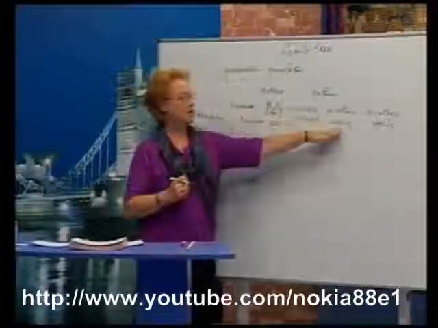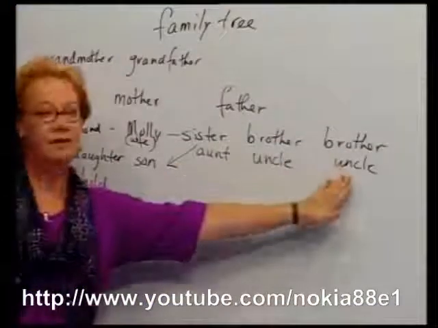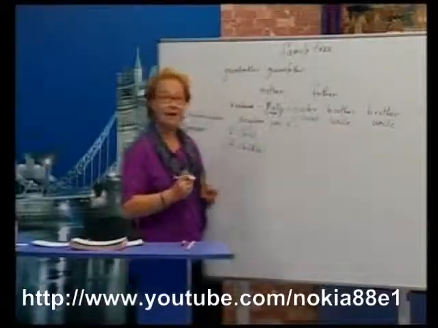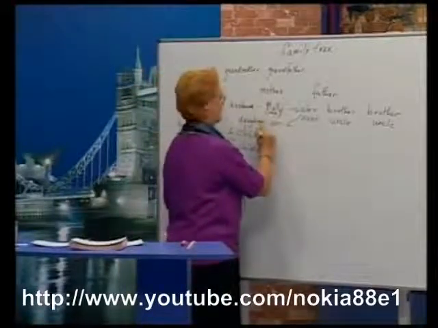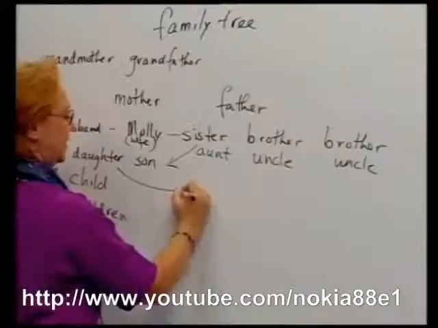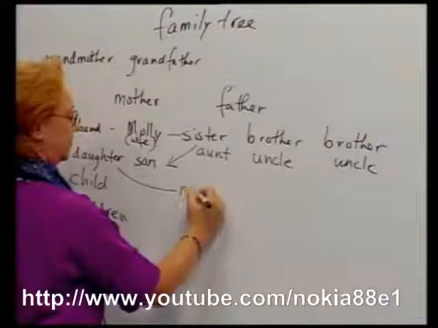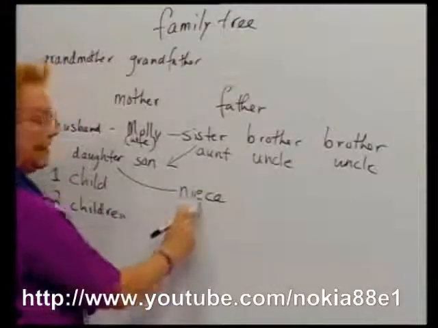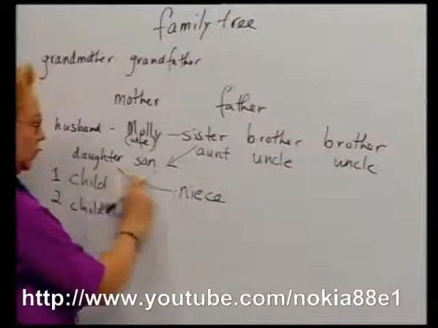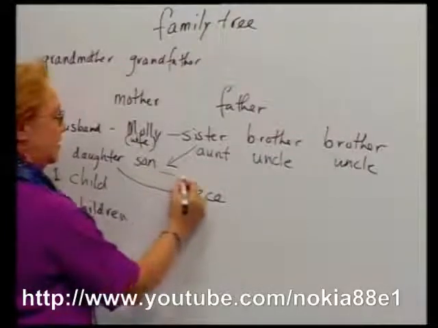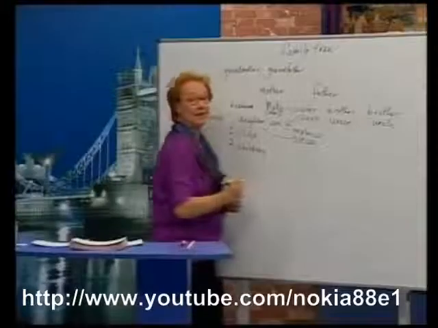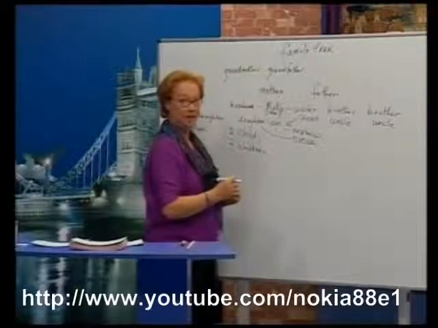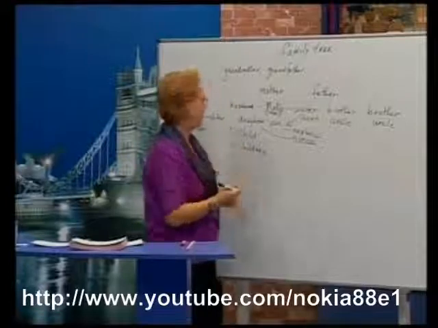Aunt, uncle, uncle. Now, going this way, daughter is the niece. Niece is a girl. The son is nephew. Nephew. All right? It's very complicated, but we've got it.